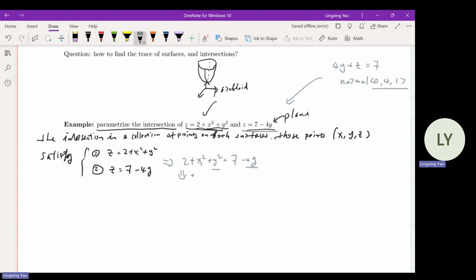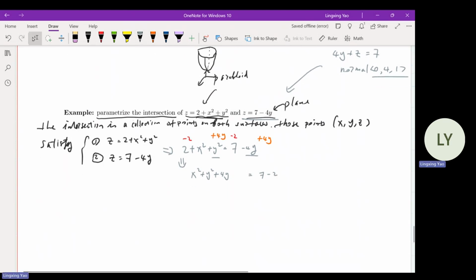Also there's a 2, which is constant, and we can move it to the right. So we add 4y and also subtract 2. What we get here is x squared plus y squared plus 4y equals 7 minus 2.